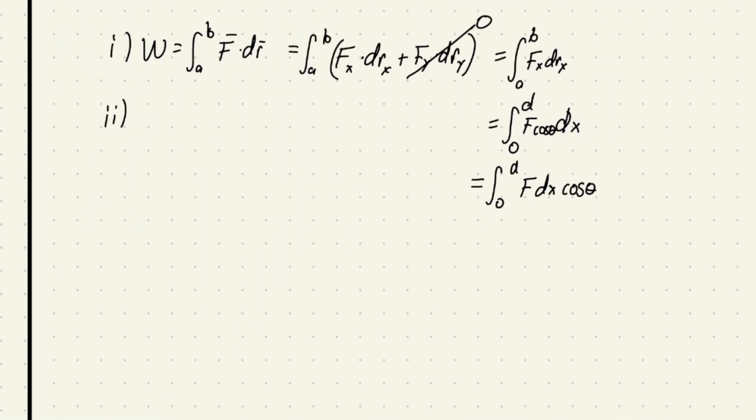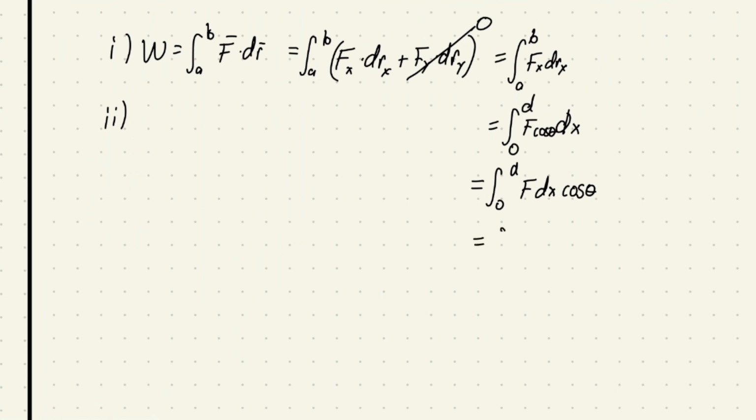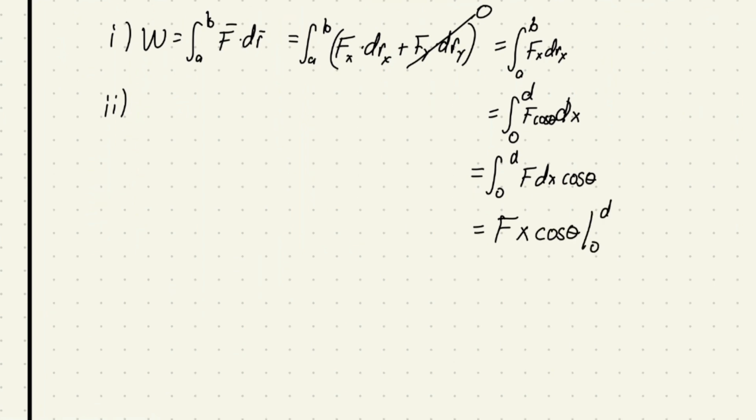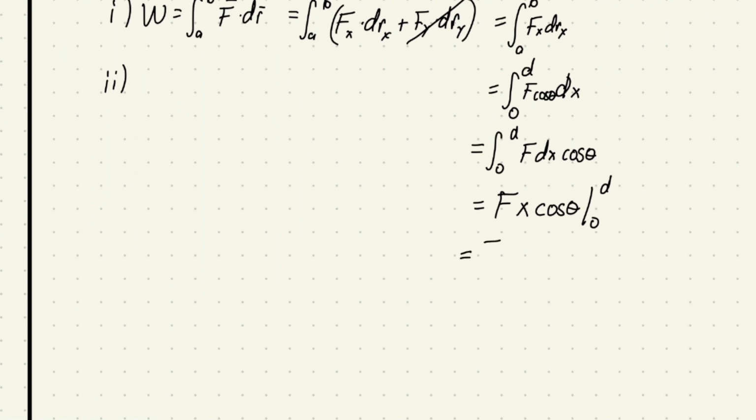I do this integration, and I get f times x times cosine theta evaluated at 0 and d. So when my evaluation tells me plug in for x, d. And then also subtract from that f times 0 times cosine theta, where I plugged in my 0 limit for my x.